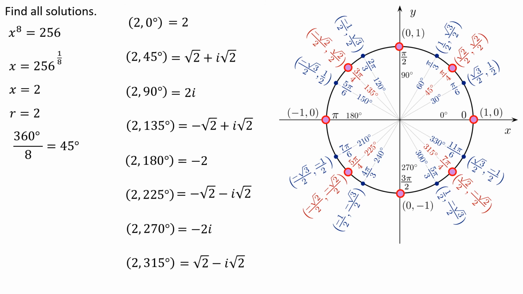Of course, instead of the y-coordinate, we're talking about the imaginary component. But those are the 8 exact answers in polar form and the 8 exact answers in complex form. Right? If you took any one of those answers and raised it to the 8th power, you would get 256.